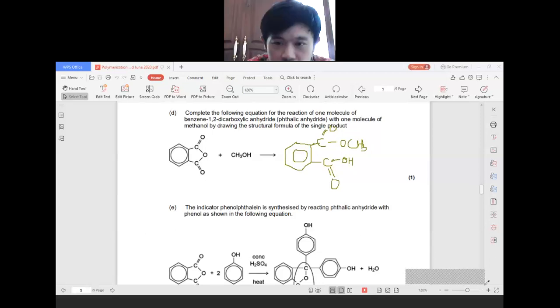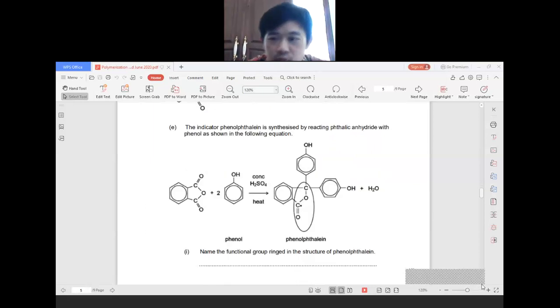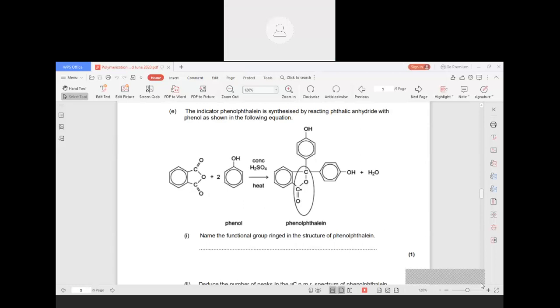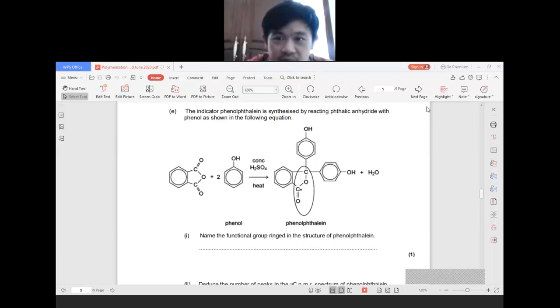And then part E, the indicator phenolphthalein. Last time in school we always used phenolphthalein, but we did not know what the structure is. This is the structure. Phenolphthalein indicator is synthesized by reacting phthalic anhydride with phenol, as shown in the following equation.